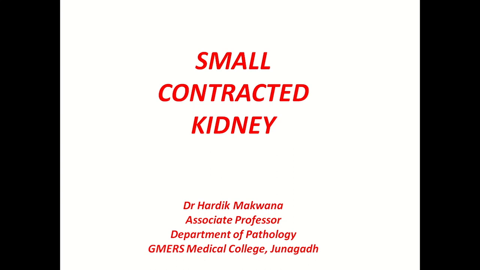This topic is very important as far as your histopathology specimen viva is concerned, in which one of the specimens is of kidney, and whether it is of inflammatory origin or malignant or neoplastic origin. So one group is the small contracted kidney group.